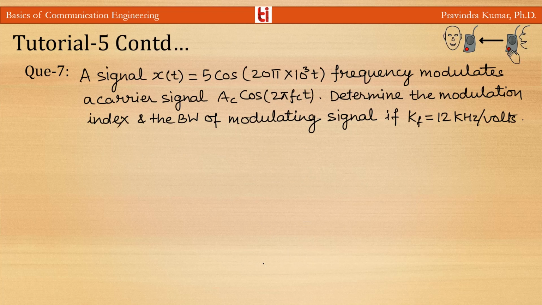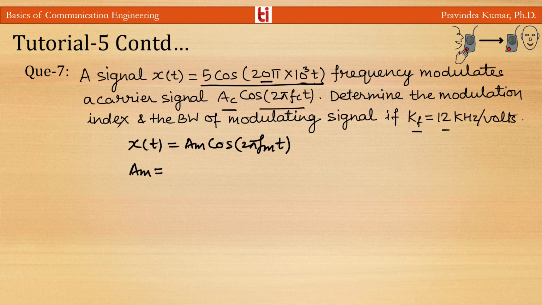Now the next question: a signal x(t) = 5 cos(20π × 10^3 t) frequency modulates a carrier signal Ac cos 2πfct. Determine the modulation index and the bandwidth if kf is 12 kilohertz per volt. We know the modulating signal x(t) can be defined as Am cos 2πfmt. Comparing with this equation, Am is 5 and fm is 10 into 10 to the power 3, or 10 kilohertz.